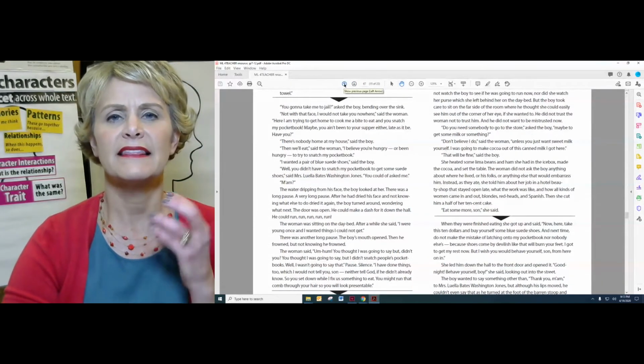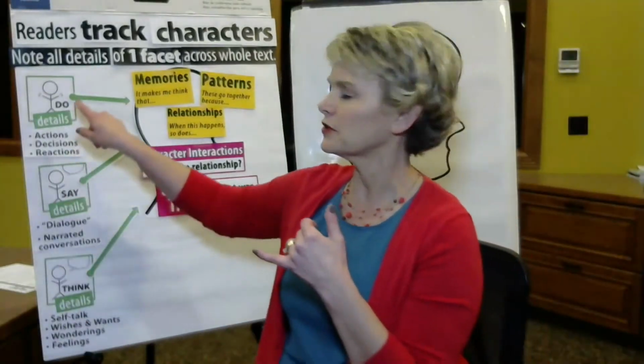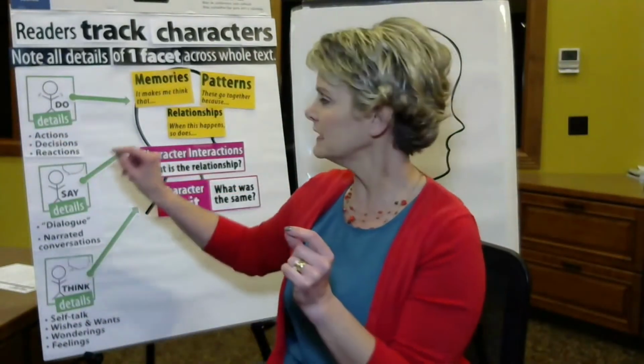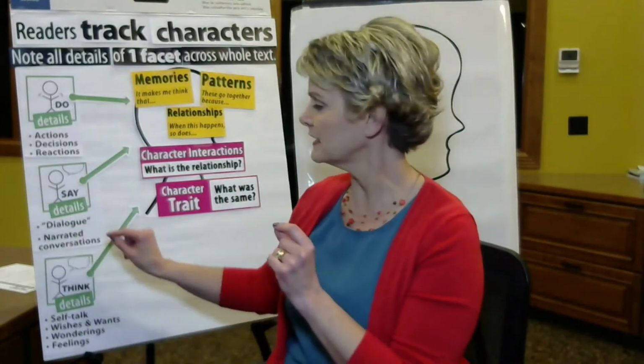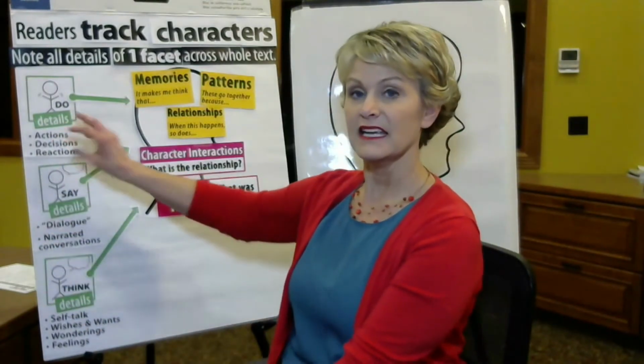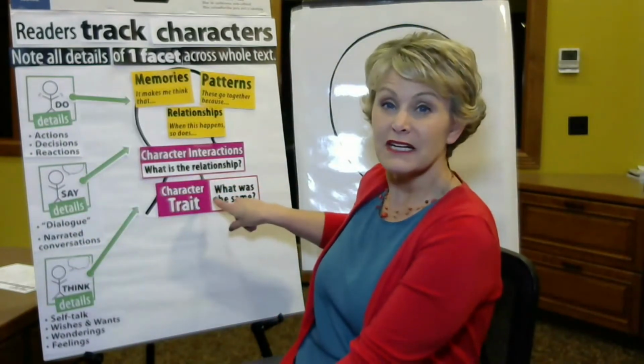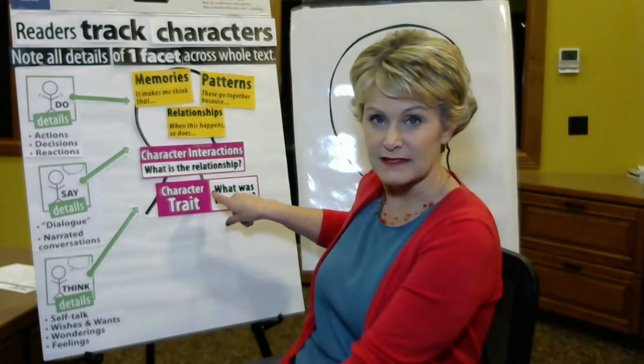But the idea of going back to look at what did Roger do in this story, say in this story, think and feel in the story. All of that is what I need to figure out a personality trait that Roger possesses.